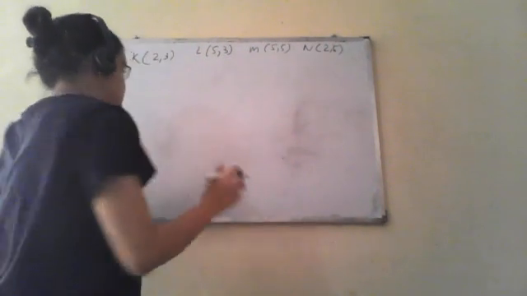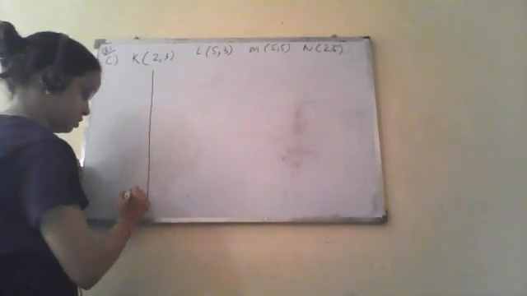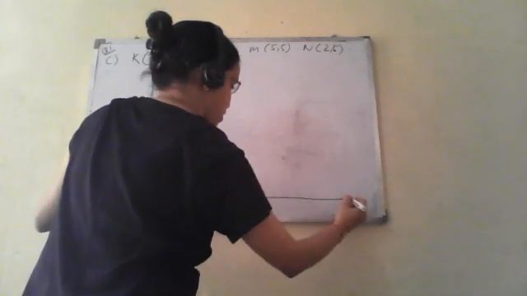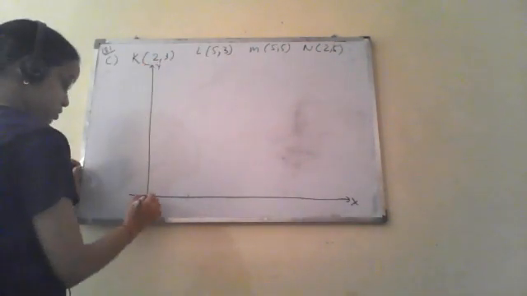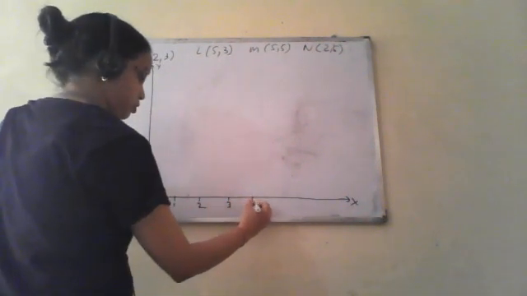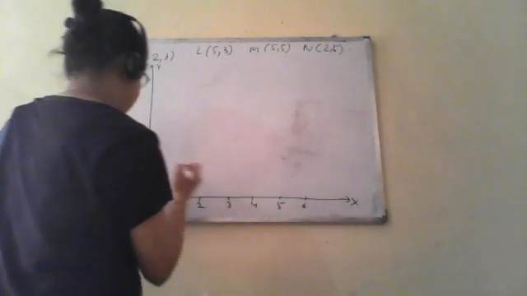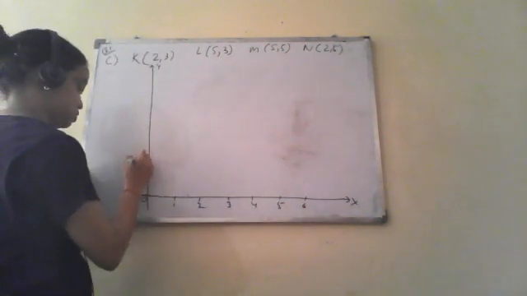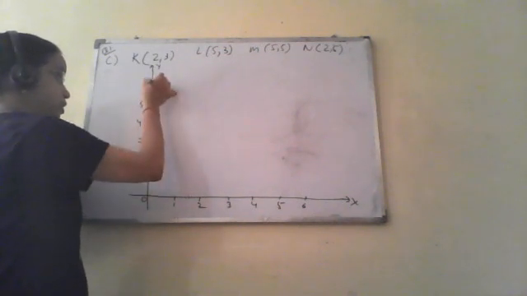Again a similar process. This is the x axis, this is your y axis, this is the origin or 0, this is 1, 2, 3, 4, 5 or 6. This is 1, this is 2, this is 3, 4, 5 and 6.